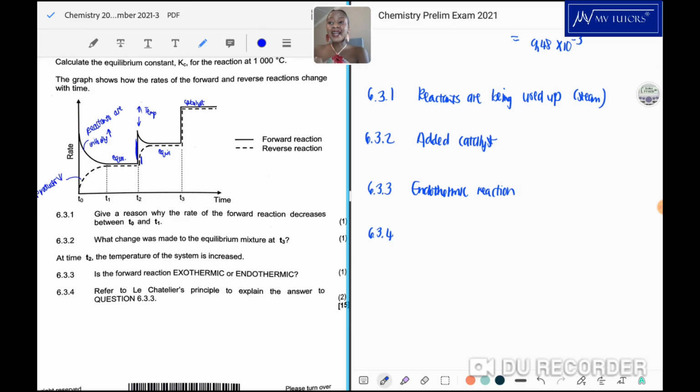So now, to apply Le Chatelier, okay, if you have an endothermic reaction and the temperature is increased, the rate at which the reactants react will increase. So to apply Le Chatelier's principle, we need to find a balance, okay?